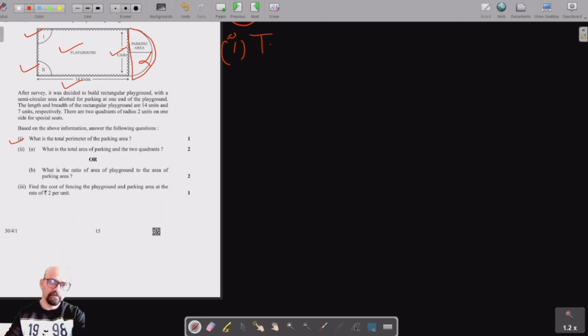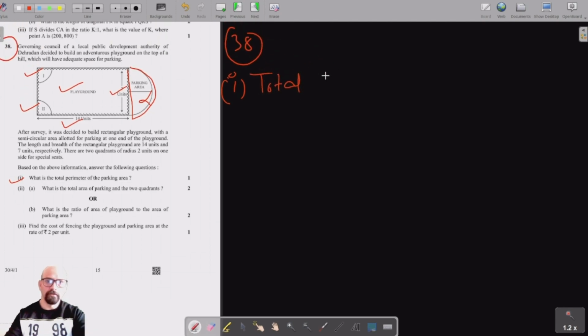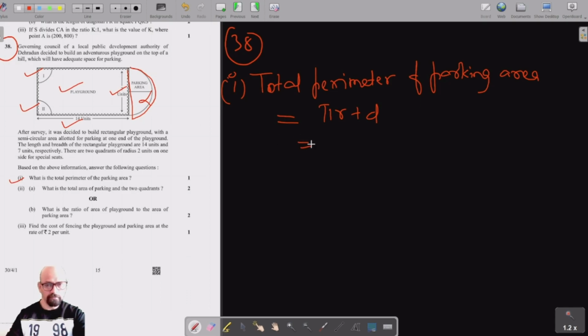So the total perimeter of the parking area is pi r plus diameter. This is the diameter of the semicircular region, which is 22 by 7.